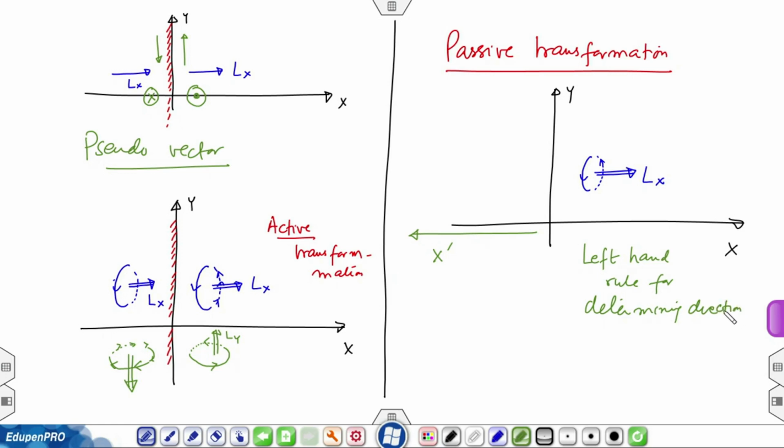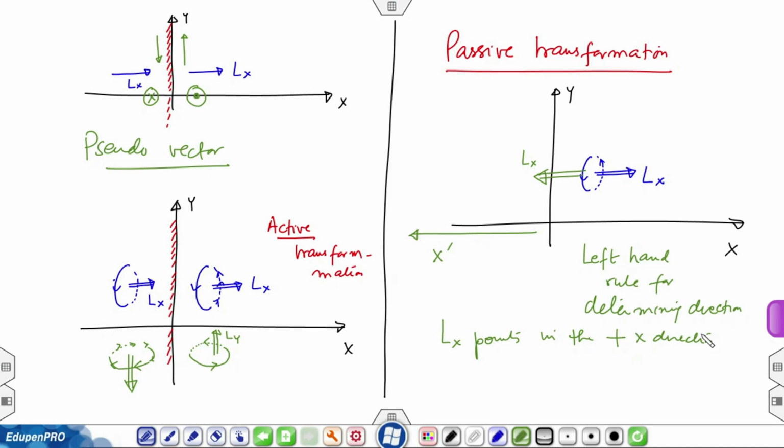If I do that, you find that Lx is pointing in the x prime direction. So, Lx points in the positive x direction when you look at it passively.